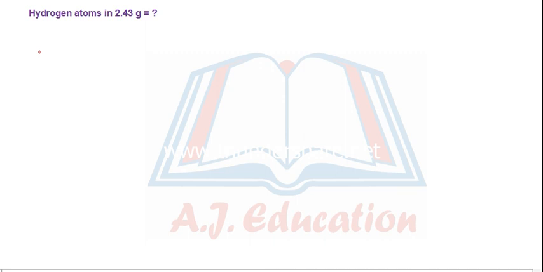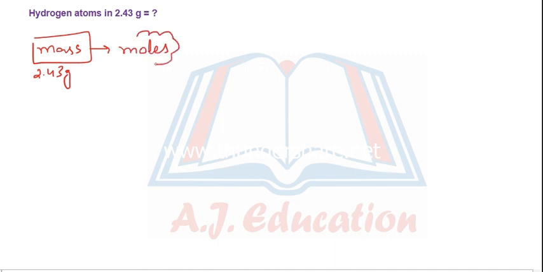What we are going to do, we are given the mass of aspartame, that is 2.43 grams. We are going to determine mole from this mass using the formula, that is mole is equal to mass over molar mass.